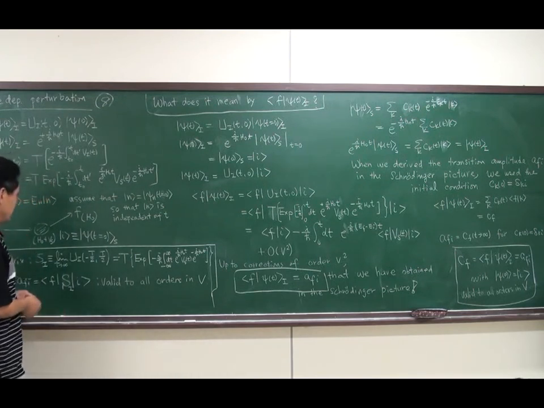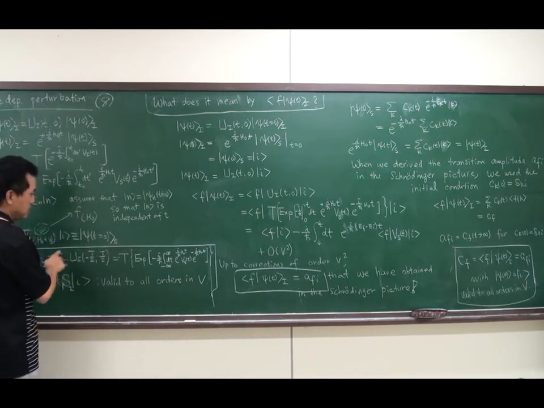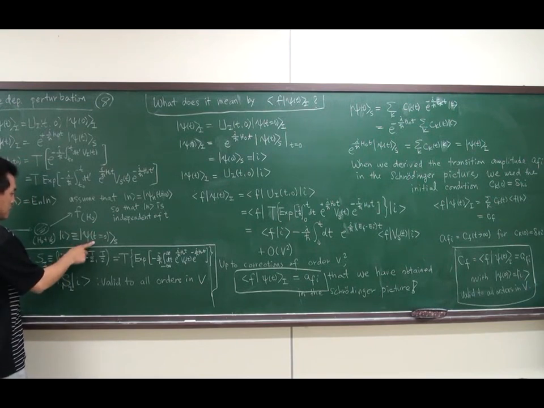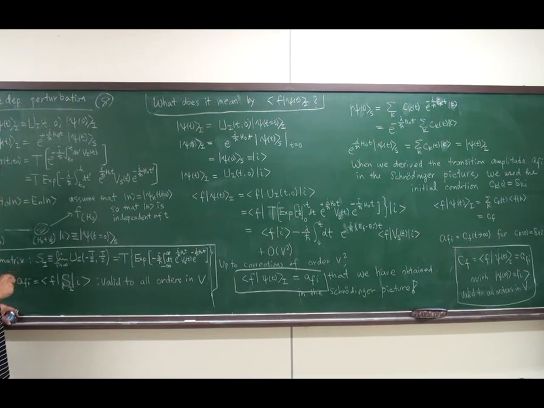Okay. So the initial state is in the Schrödinger picture. At time t equals 0, we prepare a state to be initial I, and I'm interested in knowing the transition probability.